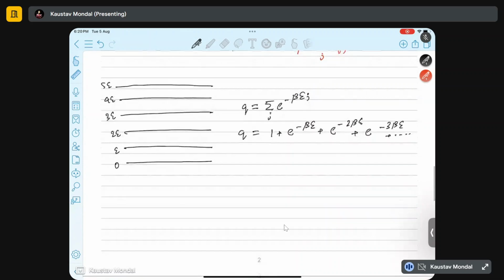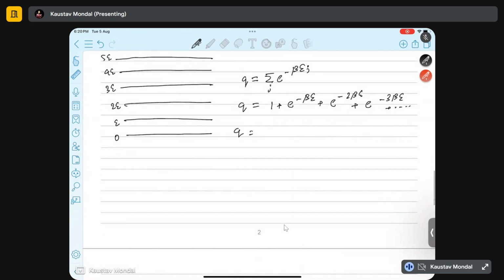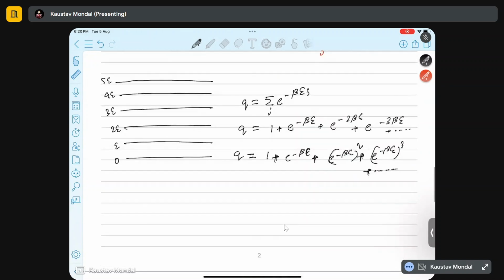So Q is 1 plus e to the power minus beta E plus e to the power minus beta E whole squared plus e to the power minus beta E whole cubed.